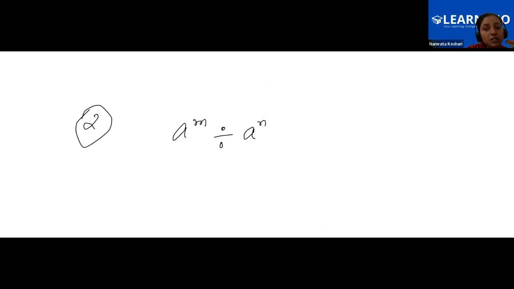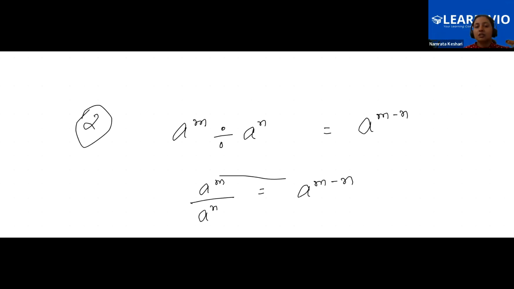That's what the rule says: whenever two bases are exactly the same, you can also see this rule like this: a to the power m by a to the power n can be written as a to the power m minus n. You have to do the subtraction of the powers.